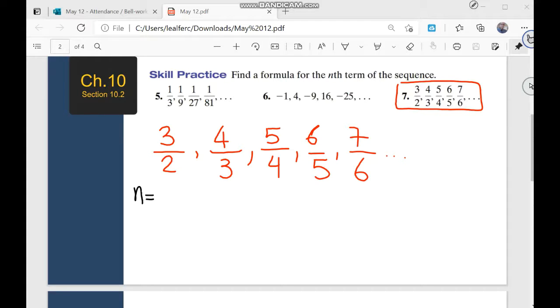Compare the numerators and denominators with the order, with n. n equals 1 for the first, n equals 2 for the second, n equals 3 for the third term, n equals 4 for the fourth term, n equals 5 for the fifth term.